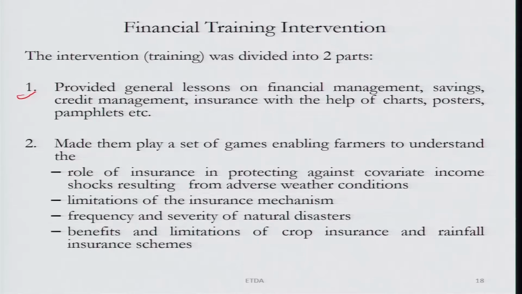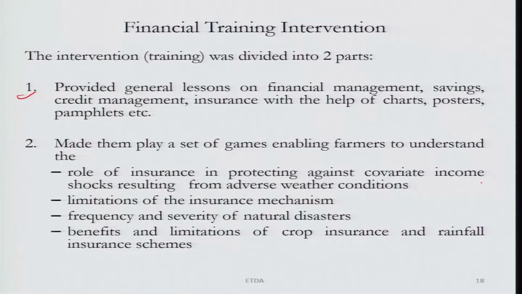Now, the other part: they made them play a set of games enabling farmers to understand the role of insurance in protecting against covariate income shocks resulting from adverse weather conditions.